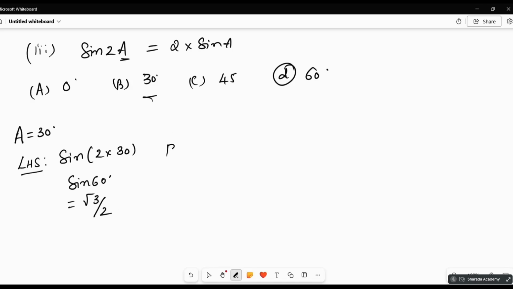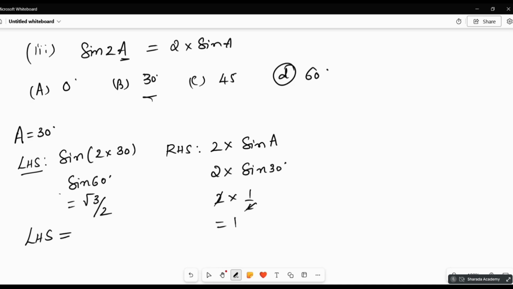What about the RHS now? 2 into sine A. That is 2 into sine of 30 degree, 2 into 1 by 2. You will get 1. So here LHS is not equal to RHS. So this is not true for 30 degree. So this is not the option.